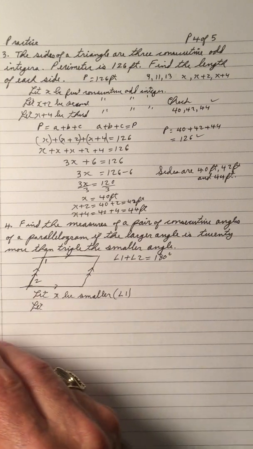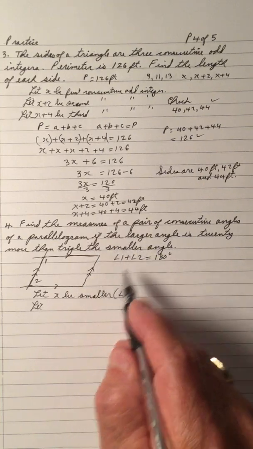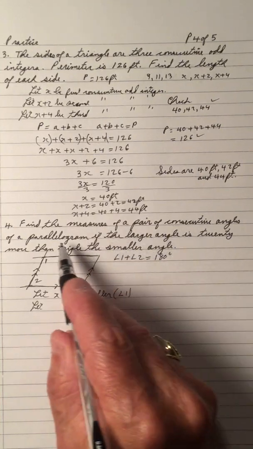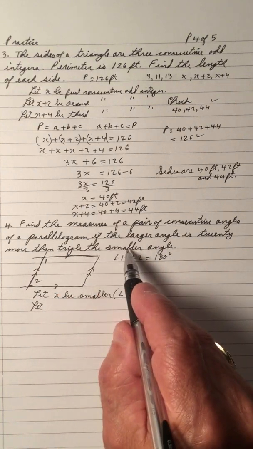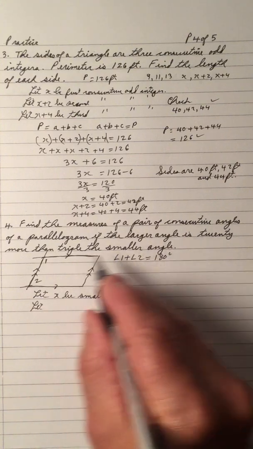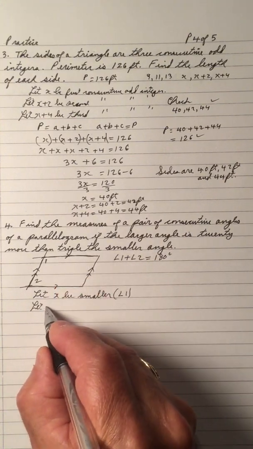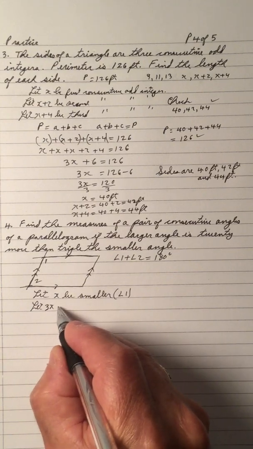Oh, I didn't read out what the smallest and largest angle is going to be. I'm just dealing with the consecutive. The largest angle is 20 more than triple the smallest. So the largest angle is 20 more than triple the smaller. So the smaller angle is x, so it's 3x, add on 20.